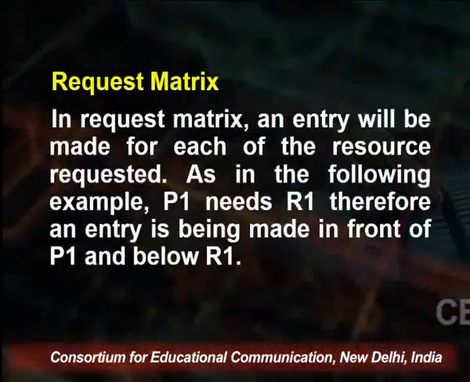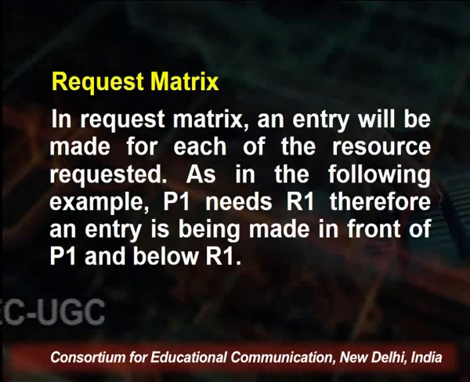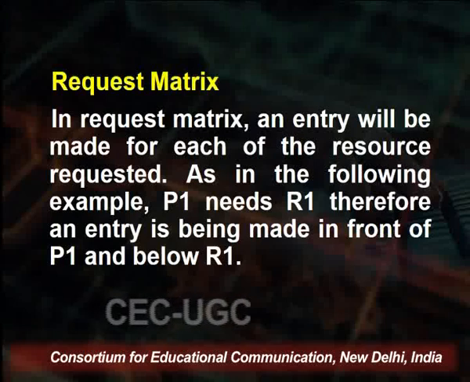In the request matrix, an entry will be made for each of the resources requested. That means the cell intersecting a particular resource and a particular process is marked as 1 if that resource has been requested by that process. In the following example, we see that P1 needs R1, therefore an entry is made in front of P1 and below R1.